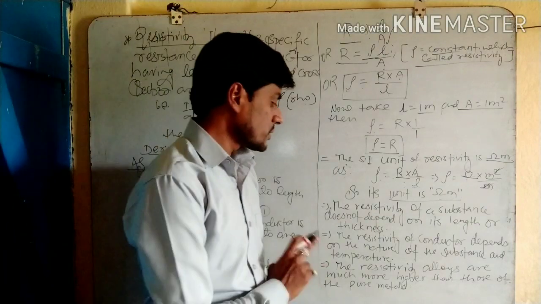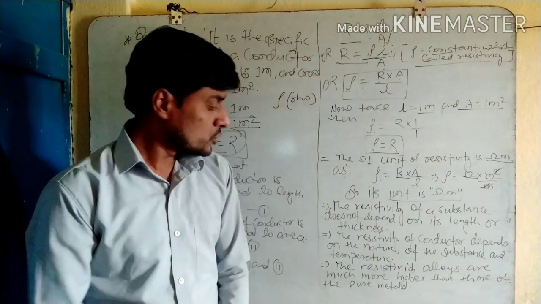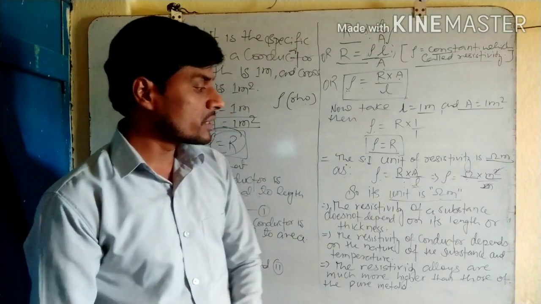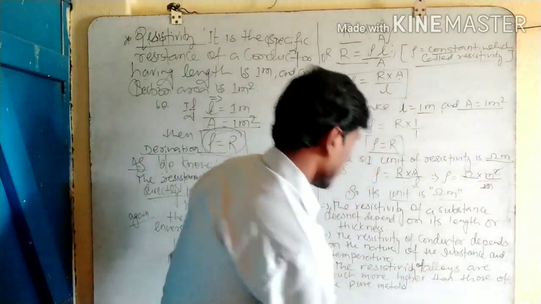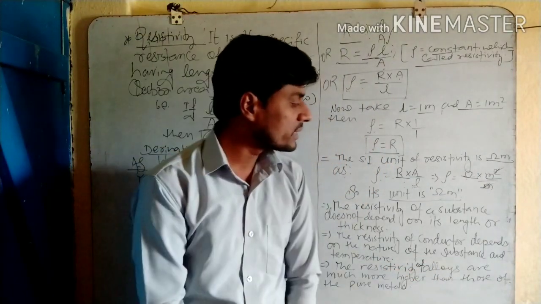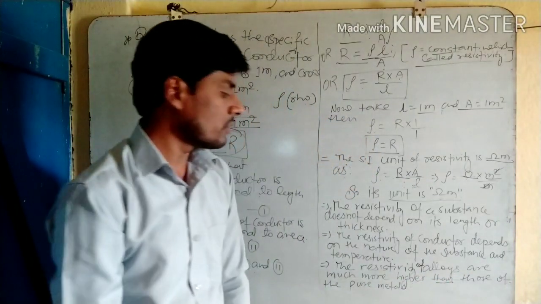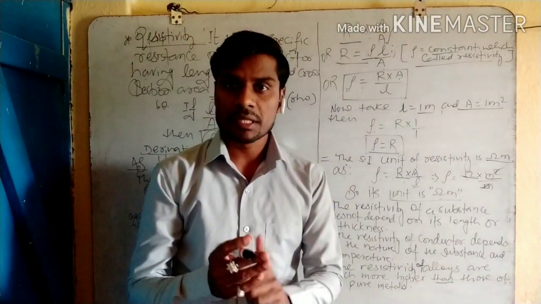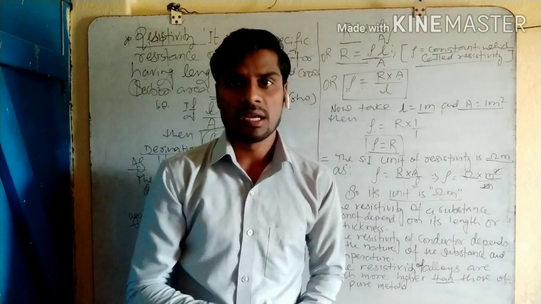Resistivity depends on the nature of the material and the temperature of the material. The resistivity of alloys is much higher than that of pure metals. That means the resistivity of a pure metal is very much less than that of an alloy.